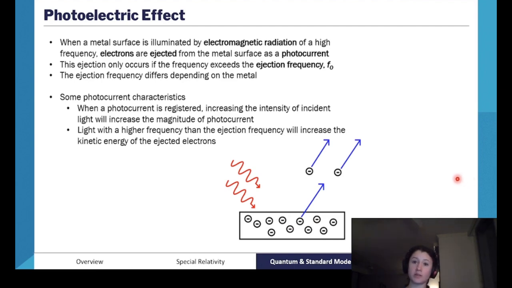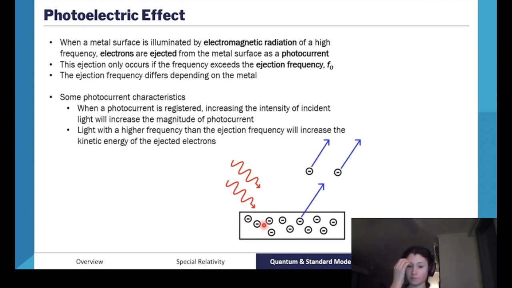So what's actually happening is we have lots of little photons coming in, and each of these photons gives energy to each of the electrons, but only one. Each photon gives all of its energy, or none of its energy, to each electron. The photon can't give some of its energy to one electron and some to another. No. All of its energy or none of its energy.